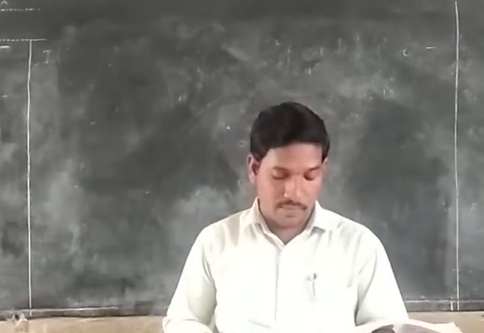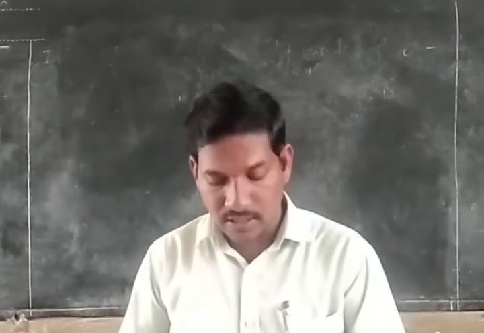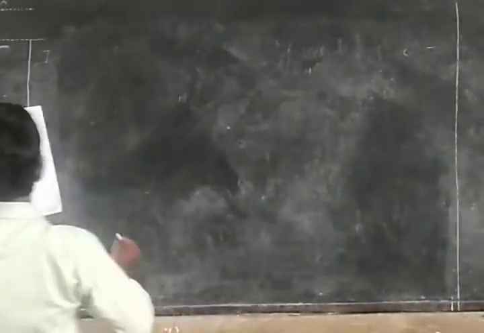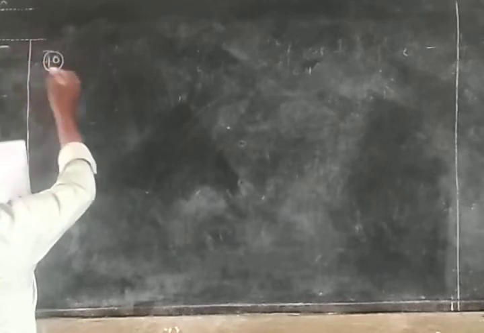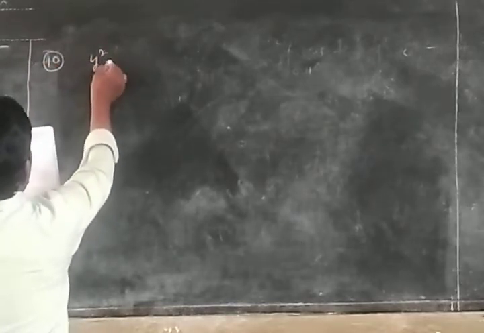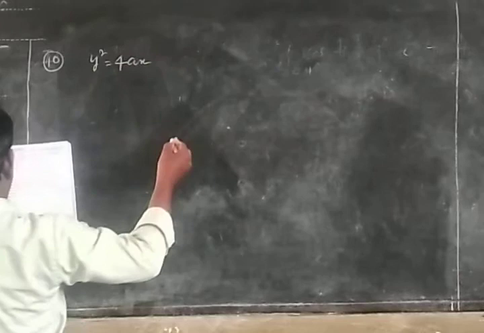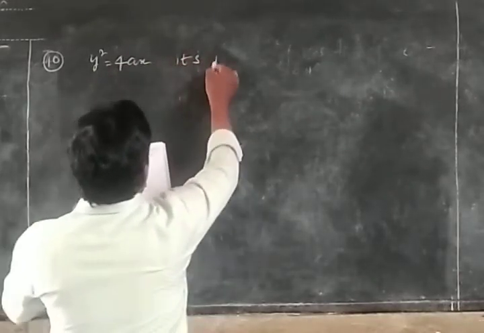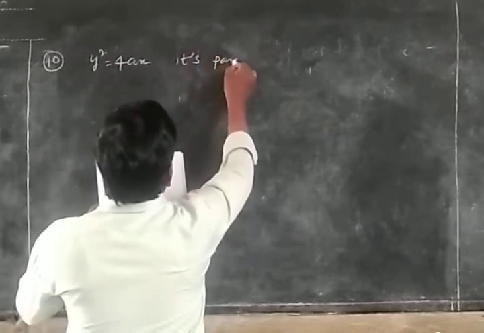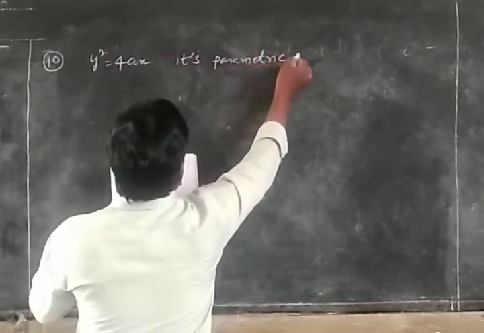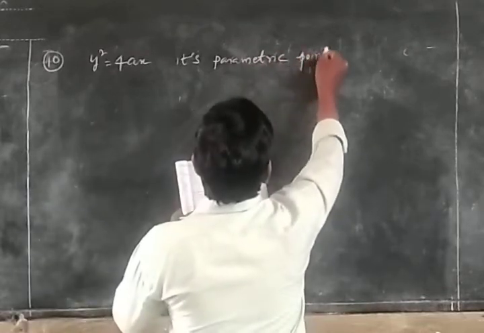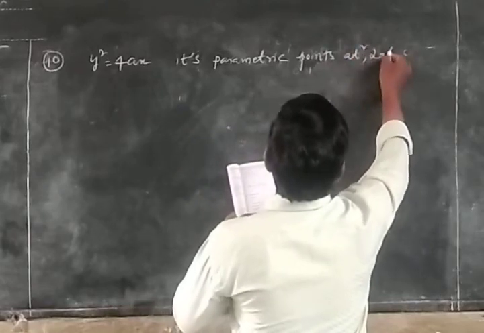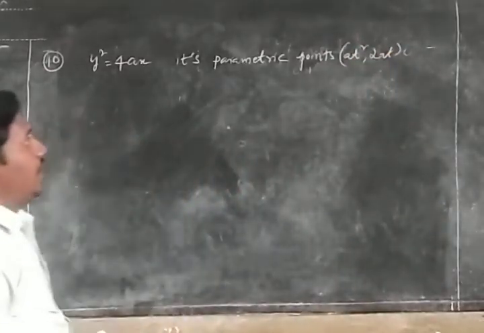Now, 10th problem. Match the equation of the parabolas with their parametric coordinates. The first one, y square equal to 4ax. Its parametric points are (at square, 2at).